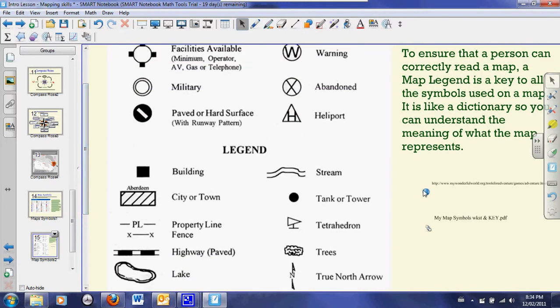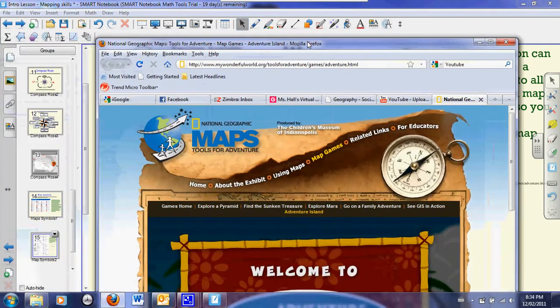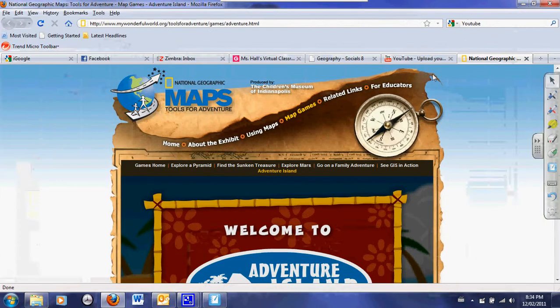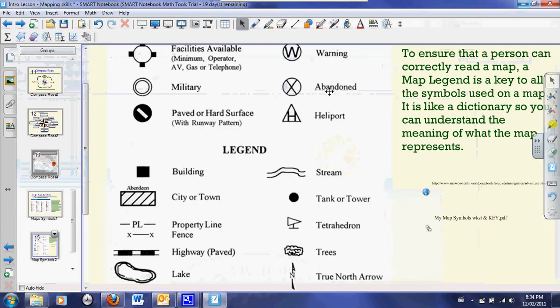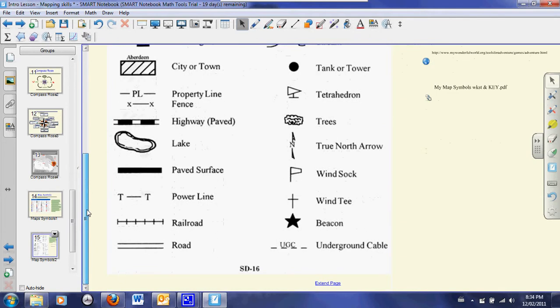And if you're interested, and again, you wouldn't be doing this at home necessarily, if you click on that, this window comes up, and if you just pay attention to the website here, you can go through this activity that National Geographic offers us. And of course, here's the map symbols worksheet that we're going to do here momentarily.